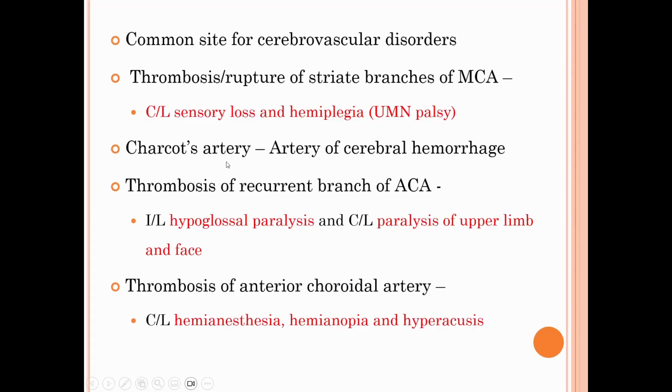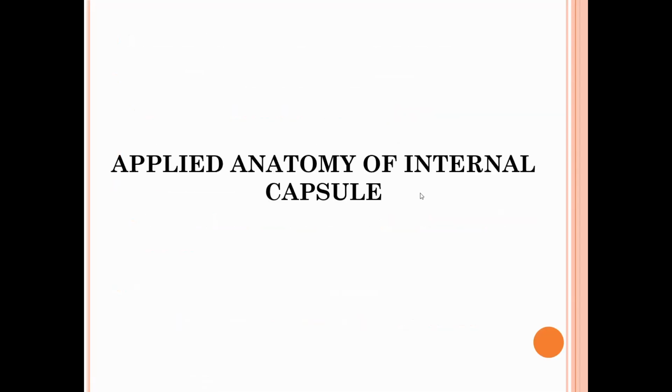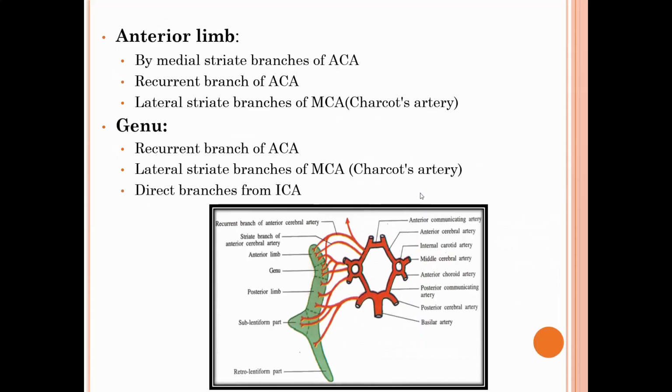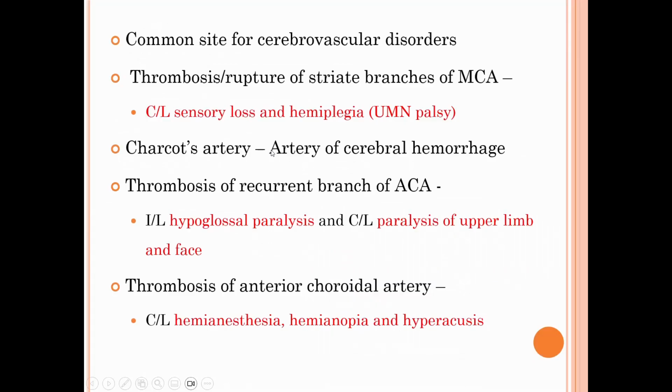Then there is Charcot's artery, which is also known as the artery of cerebral hemorrhage. Thrombosis of the recurrent branch of the anterior cerebral artery: you see the recurrent branch is supplying the anterior limb and the genu also. So because of that, there will be ipsilateral hypoglossal paralysis and contralateral paralysis of upper limb and face.